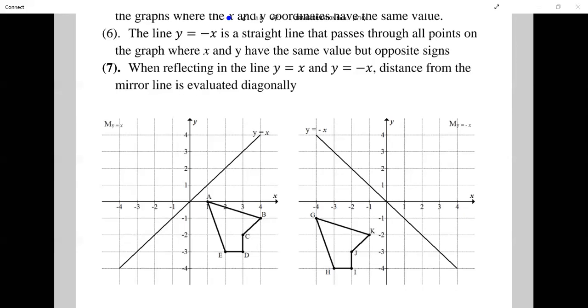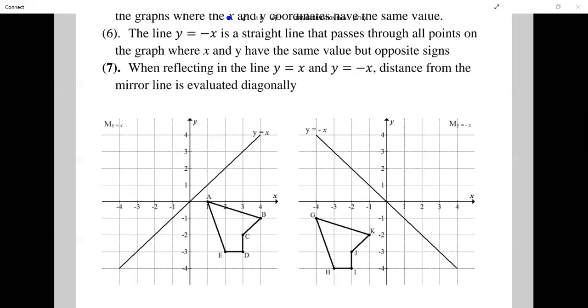It passes through all points on the graph where x and y have the same value but opposite signs. Note: when reflecting in the line y equals x and y equals minus x, distance from the mirror line is evaluated diagonally.